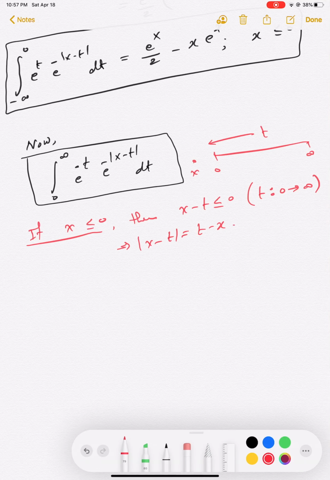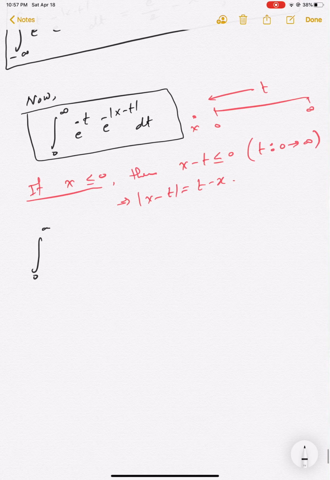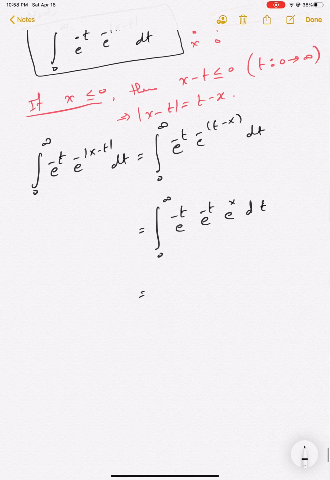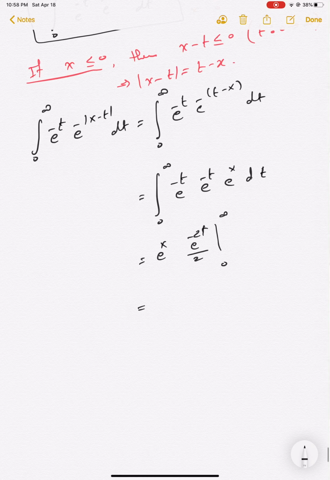So now, what is the integral from 0 to infinity, e to the minus t, e to the minus absolute value? This is the integral from 0 to infinity, e to the minus t, e to the minus... Now what is the absolute value of x minus t? It's t minus x. So this is from 0 to infinity, e to the minus t, e to the minus t, e to the x dt, which is e to the x, e to the minus 2t over 2 from 0 to infinity, and over negative 2.